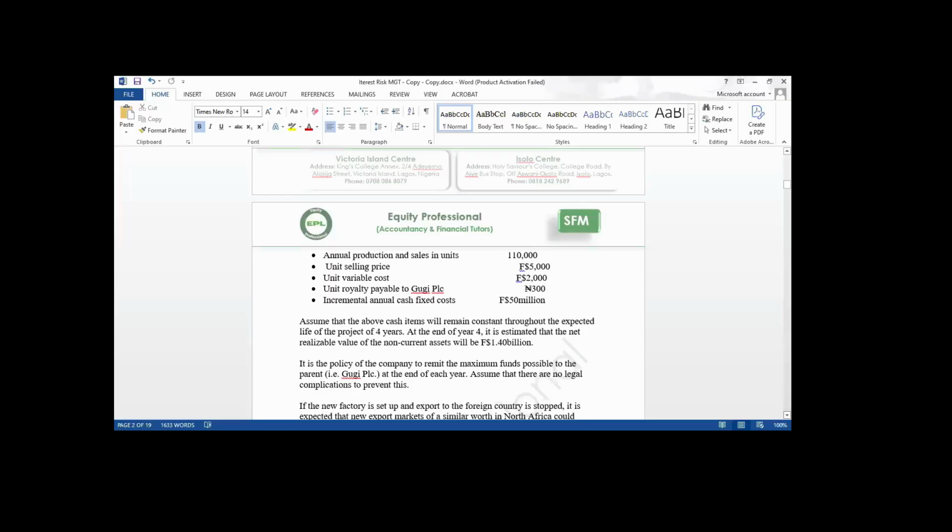Unit selling price, $5,000. Unit variable cost, $2,000. Unit royalty payable.